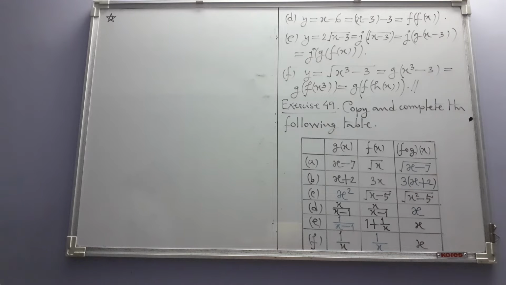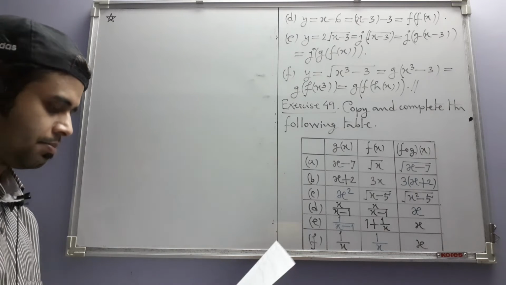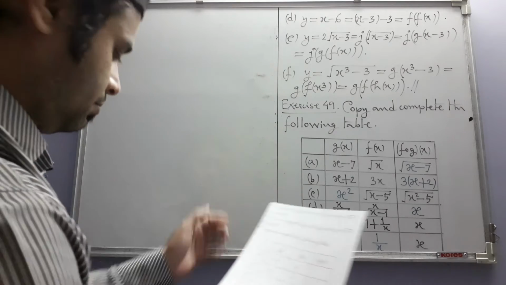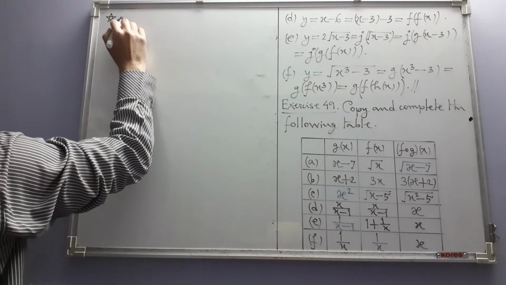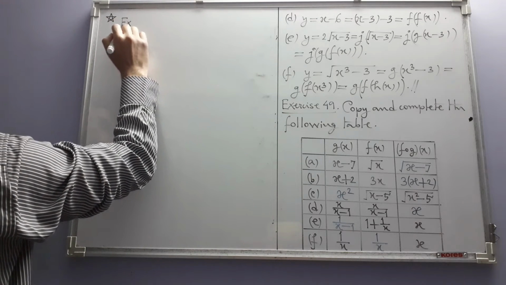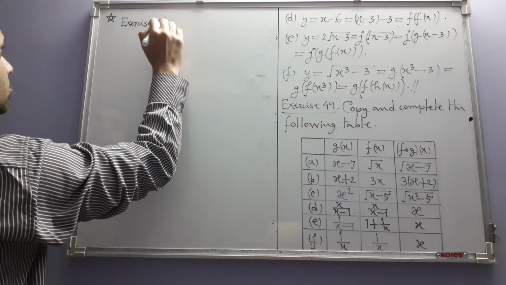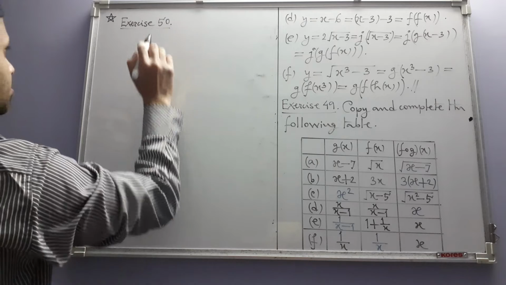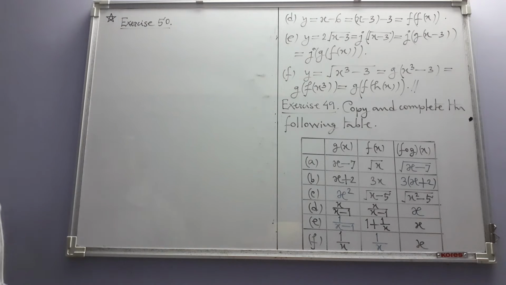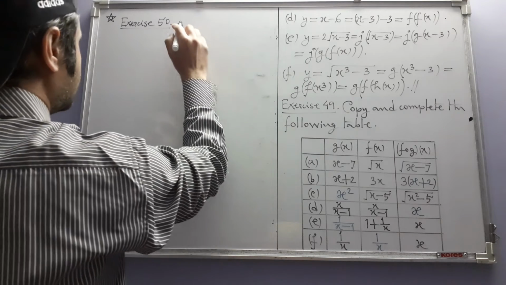Let us solve one more. It has a small name also. It's called a magic trick.